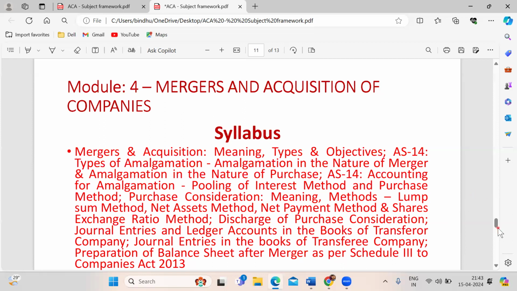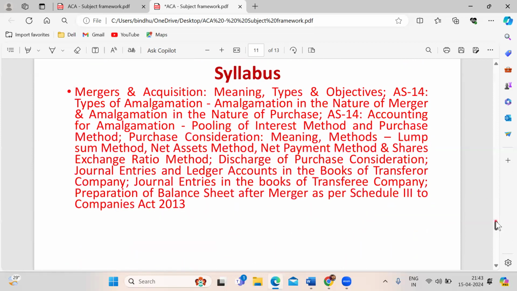You need to calculate purchase consideration under the lump sum method, net asset method, net payment method, share exchange ratio, discharge of purchase consideration, journals, ledgers, books of accounts of the transferor company, and journal entries in the books of the transferee company. At last, you are going to learn the balance sheet after merger as per Schedule 3 to the Companies Act 2013.